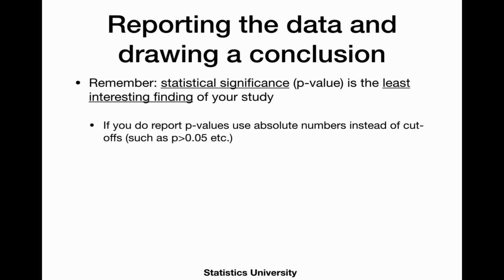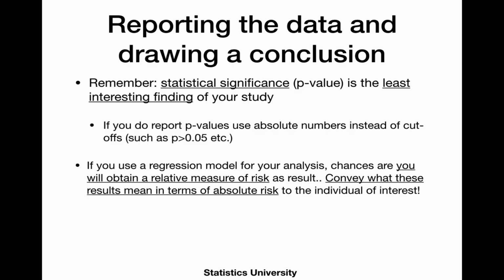But if you do report p-values, use absolute numbers instead of cutoffs such as p lower than 0.01 or p above 0.05. And if you use a regression model for your analysis, chances are that you will obtain a relative measure of risk as your result, such as an odds ratio, a hazards ratio, etc. Try to convey what that means in terms of absolute risk to the individuals of interest.